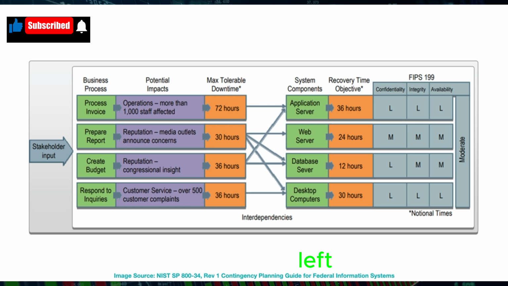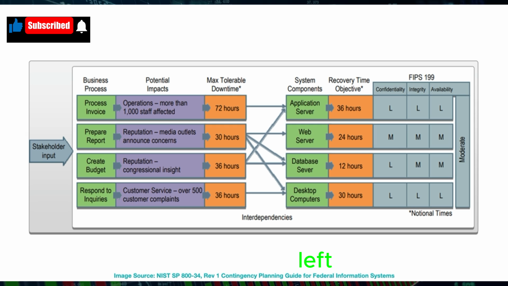Again, as part of the planning and the scope, your stakeholders are going to provide input to all of this. So maybe in this case, they are looking at: how do we process our invoices, right? Sales, how are we doing that? What about the reports? How about creating our budget? What if we have customer service needs? How often are we responding to inquiries, right?